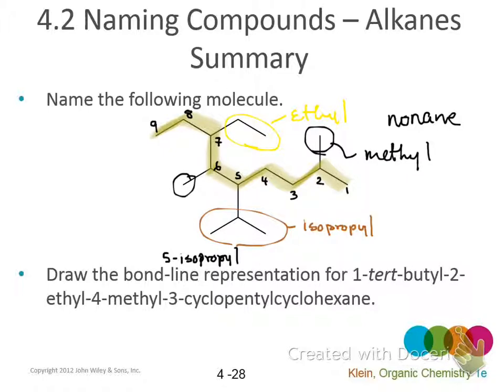So it's what, ethyl? 7-ethyl. Man, that was a weird hyphen. 7-ethyl, 5-isopropyl. Then what? 2,6-dimethyl. And then nonane.